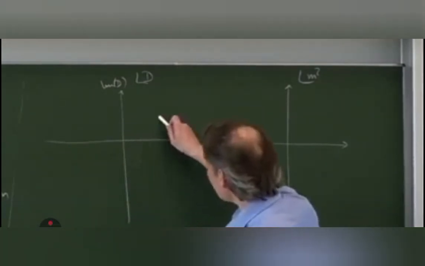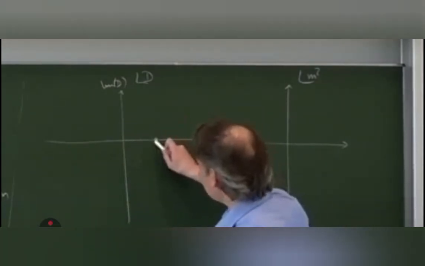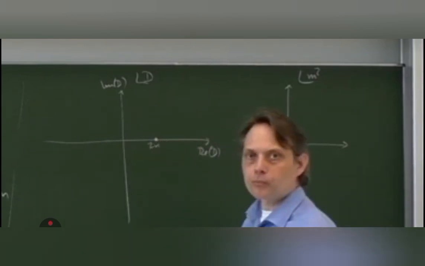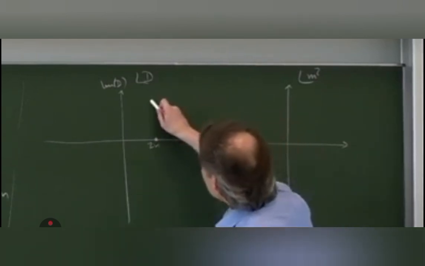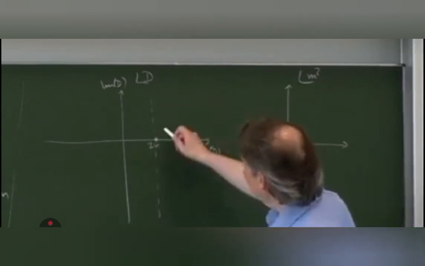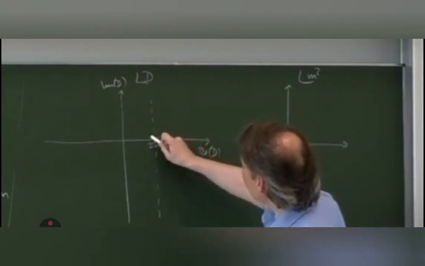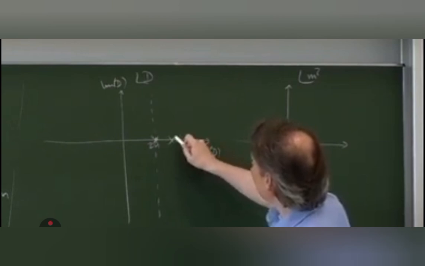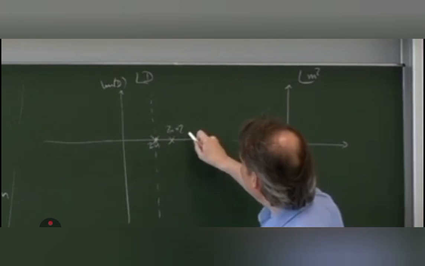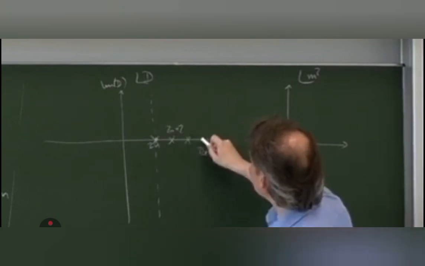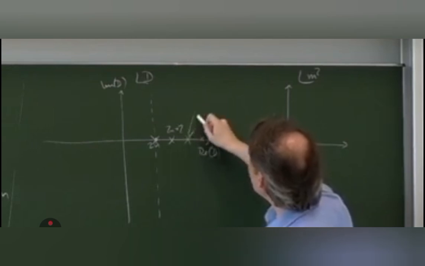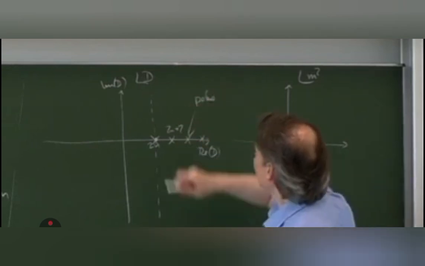So first of all, here at some place there is the value 2n, and then we have here some border, and at 2n there is a pole, 2n plus 2, there is another pole, 2n plus 4, and so on. So these are the poles of the function as a function of the dimension d.